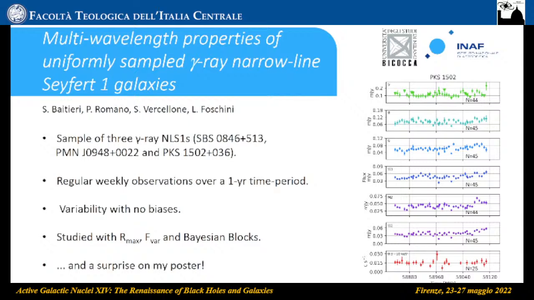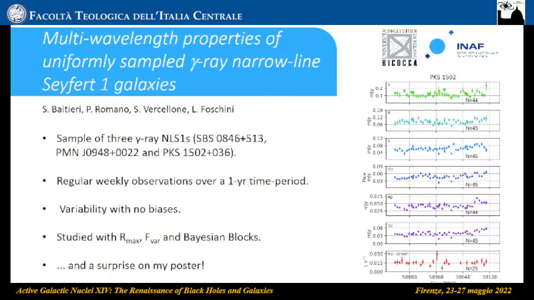And we studied their variability by calculating a couple of parameters, which are the dynamical range and the fractional variability amplitude. We also started applying the Bayesian blocks method to the light curves in order to determine the duty cycle, to individuate the flares, and also to try to predict how many flares each source does in the 1 year time period.